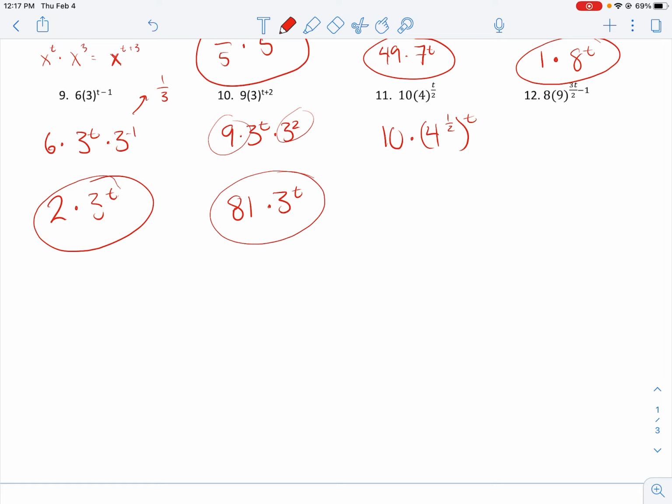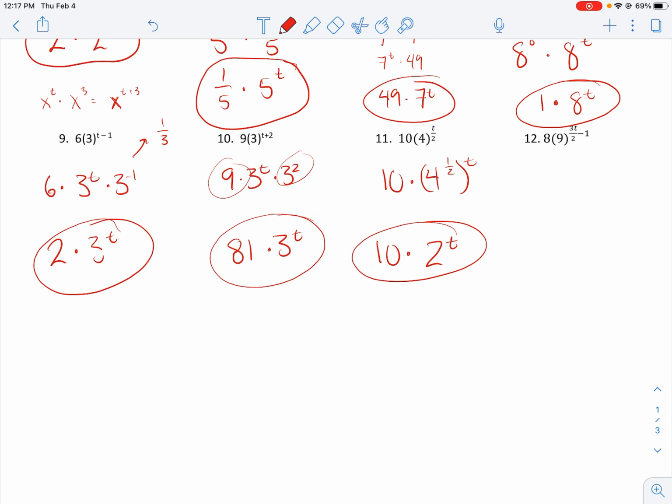Okay, next one, it's going to be 10 times 4 to the 1/2 power, or the square root of 4, which gives me 2^t. And so finally, last one here. I'm going to leave this 8 alone for a second. We're going to bring this 9 out, and then times 9 to the negative 1.